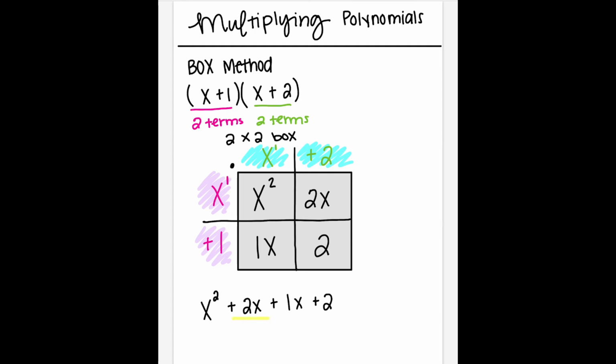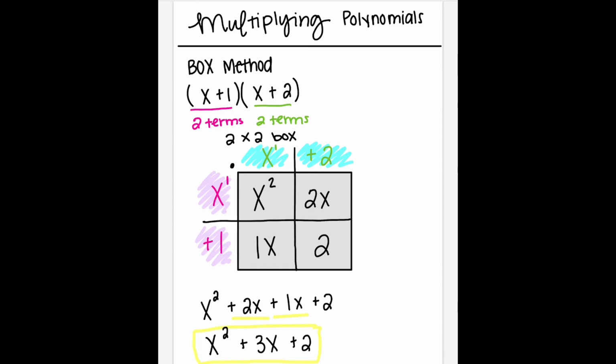However, we can combine these like terms, 2x plus 1x. So we have x squared plus 3x plus 2. And this is the final simplified polynomial when we multiply x plus 1 times x plus 2.